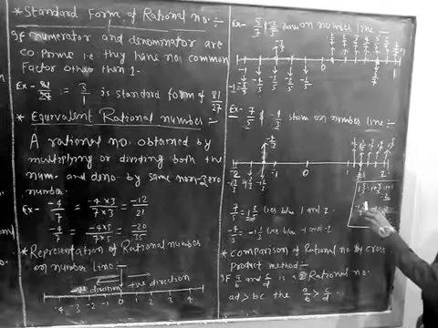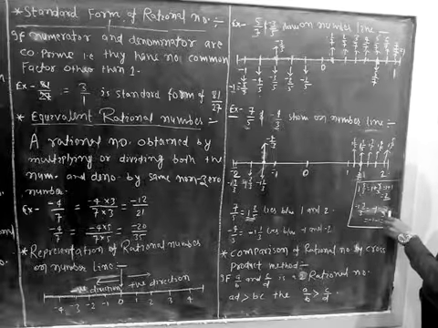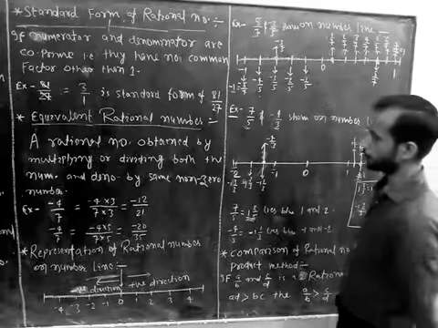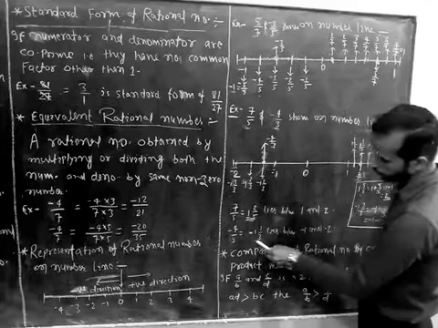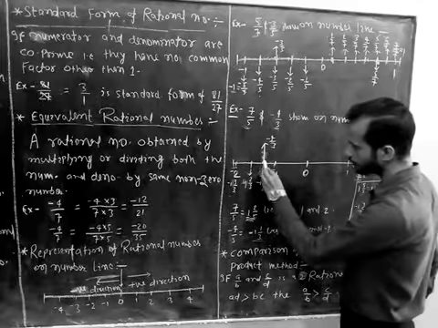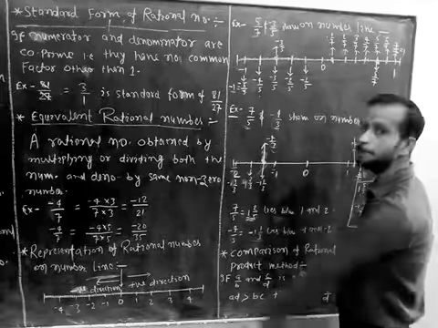And minus 1 and 3 by 3 is equal to minus 1 minus 1, which is minus 2. But we need minus 4 by 3, and minus 4 by 3 is equal to minus 1 and 1 by 3. The first point is minus 1 and 1 by 3, that means minus 4 by 3.